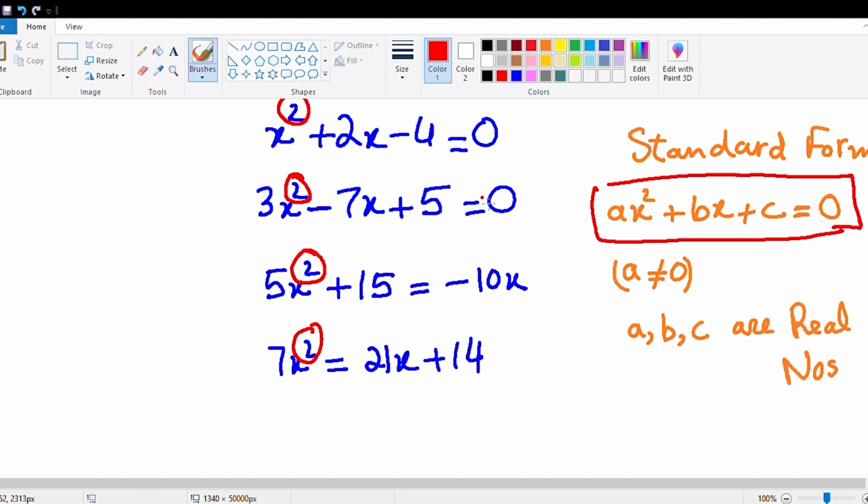Wherever there's nothing as a coefficient, then there's 1. So here there's x squared plus 2x minus 4. There's an x squared term, and a is basically 1, because where there's nothing, there's 1.